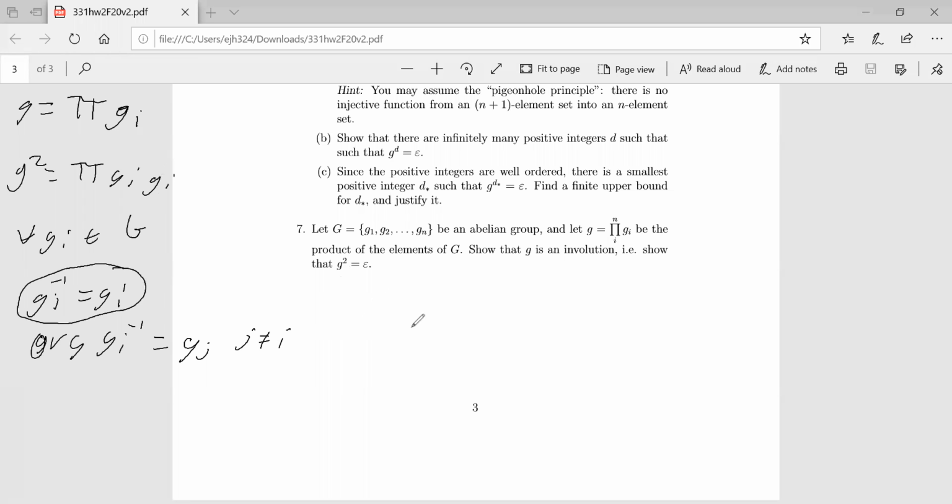So let's reorganize this. Let's break this up into the two different sets. G squared is equal to the product of, we'll call this set self-inverses, and this is different inverses.